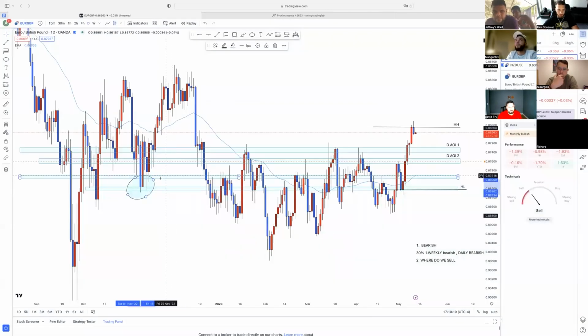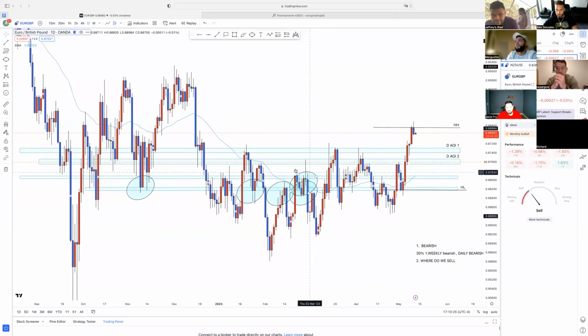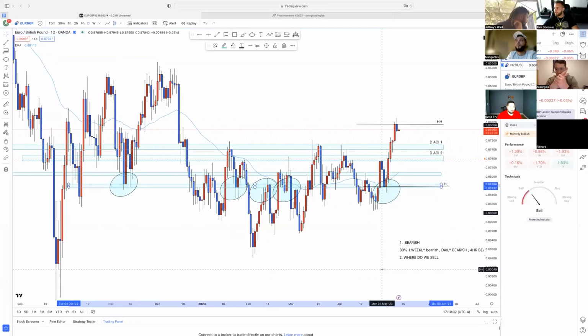I did not make this market structure, because if I did, I would be somewhere else right now. Over here, we got 1, 2, 3, 4, and then 5 touches. If everything makes sense, type 1. If it doesn't, type 2.